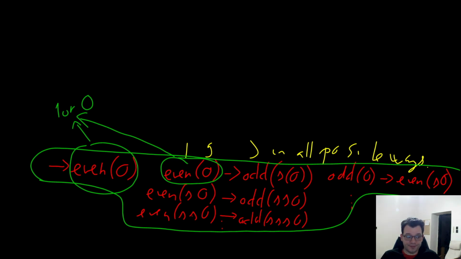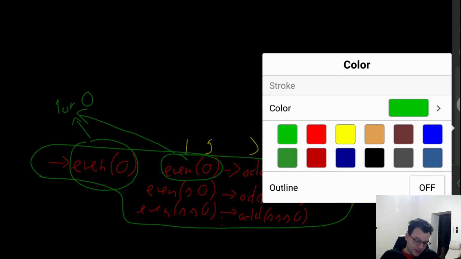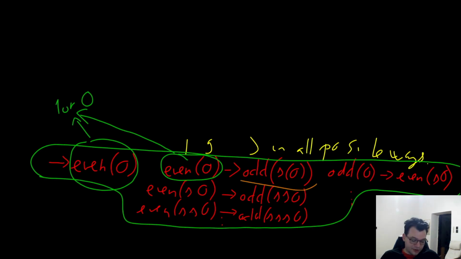truth value. But there is another guy, which is the odd s of 0. Now this guy also should be evaluated to one single truth value. This is either true or false. S of 0 is one object.